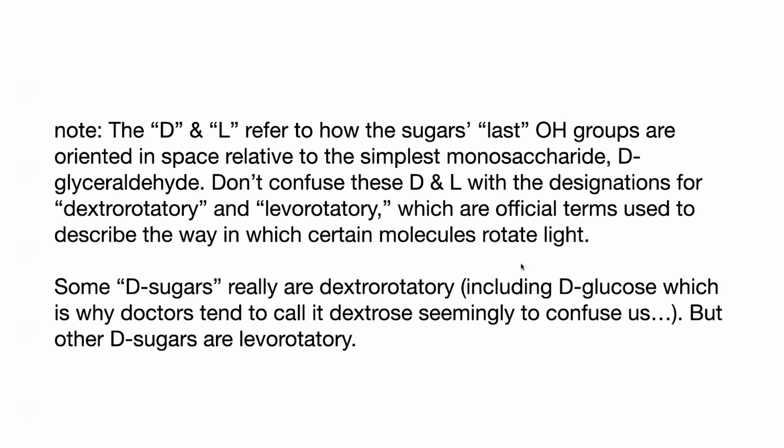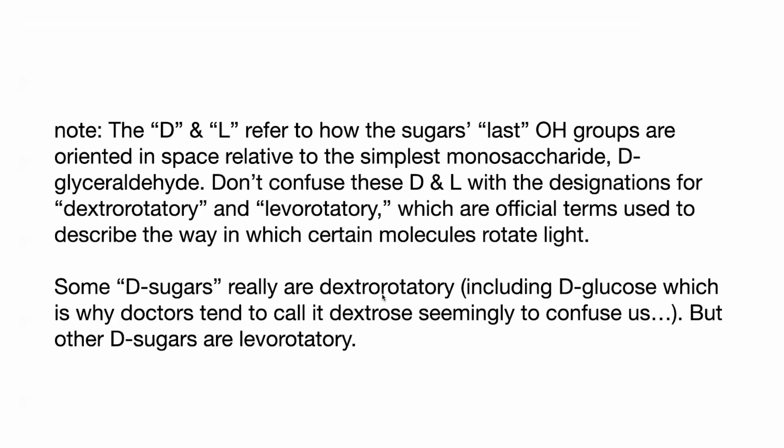With sugars, that all goes out the window. It's all just compared to that one sugar, glyceraldehyde. So you have some D sugars that truly are dextrorotatory, so they're rotating light to the right, including D-glucose. And so we got lucky that they named glucose the D because it is dextrorotatory.